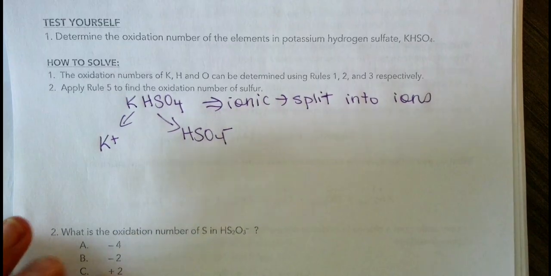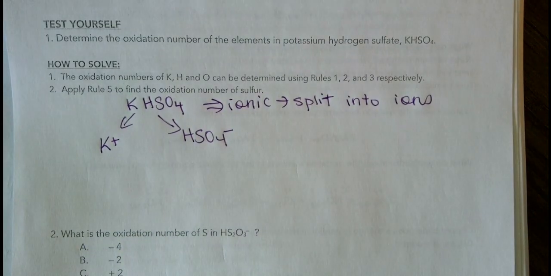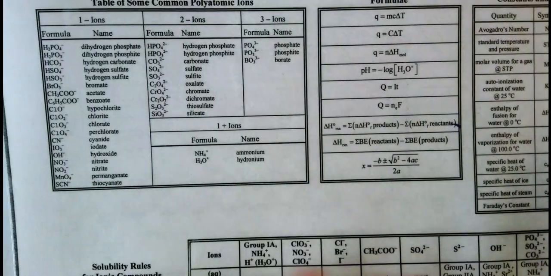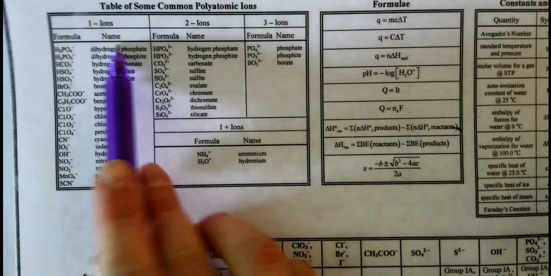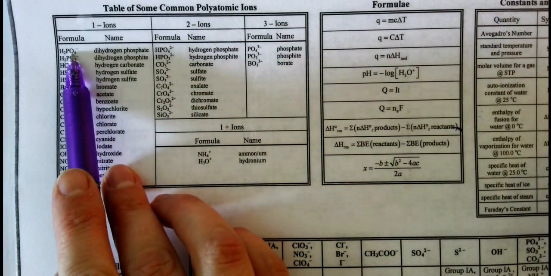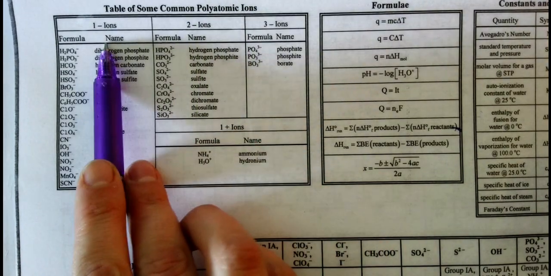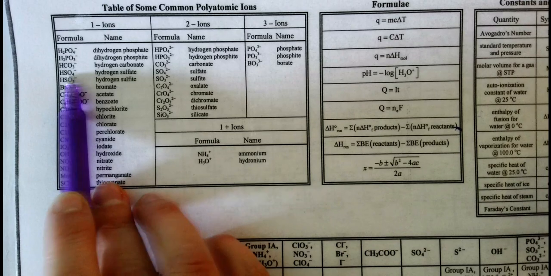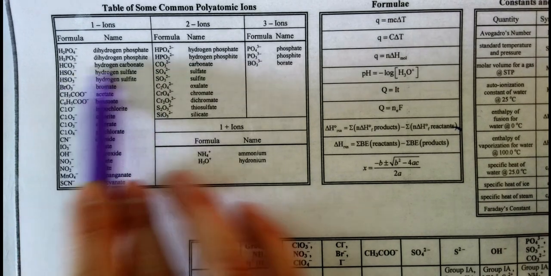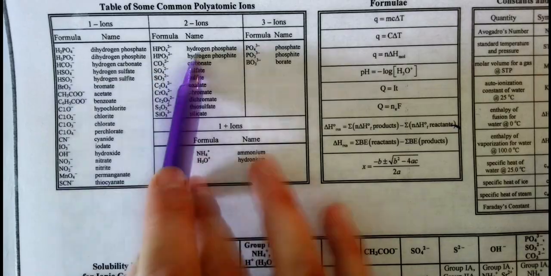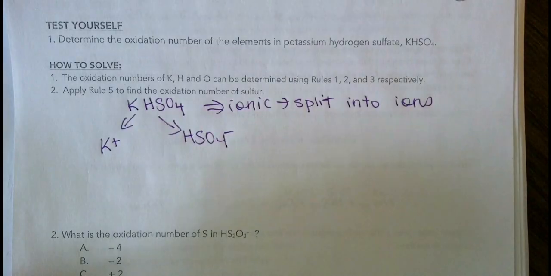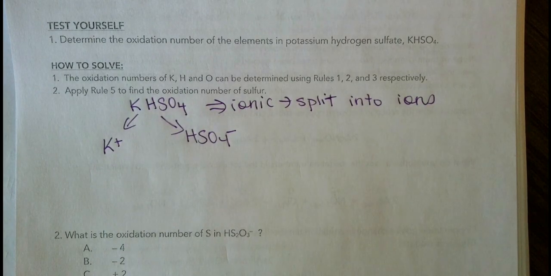Miss, how did you know that HSO4 minus is a polyatomic? Because I've been doing this course too long, LOL. When you look on the back of your periodic table, you have the polyatomic table. And right here, HSO4 is hydrogen sulfate. This is a common polyatomic. So I just knew that. Hopefully with practice, you'll recognize your polyatomics.